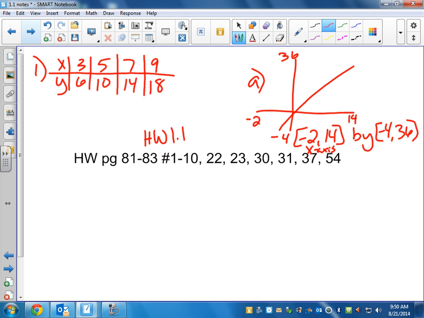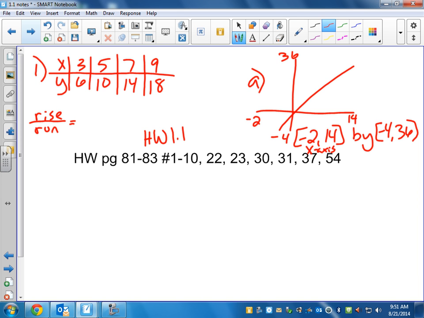What's happening on the y's? It's going up 4 every time. So as x goes up by 2, this goes up by 4. I'll do it a couple ways. One way is you can think about slope as rise over run.